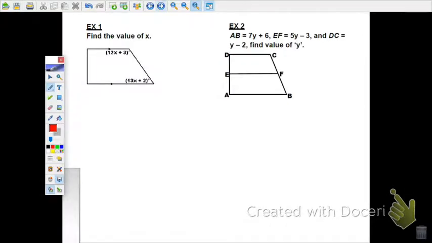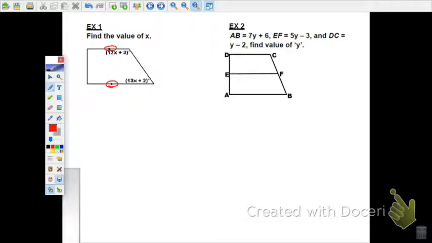So in example 1, we want to find the value of x. So I have a trapezoid because I know by looking at the arrowheads, I have one pair of parallel lines. Okay? This is not an isosceles trapezoid. My other two sides are not congruent. They're not marked congruent.